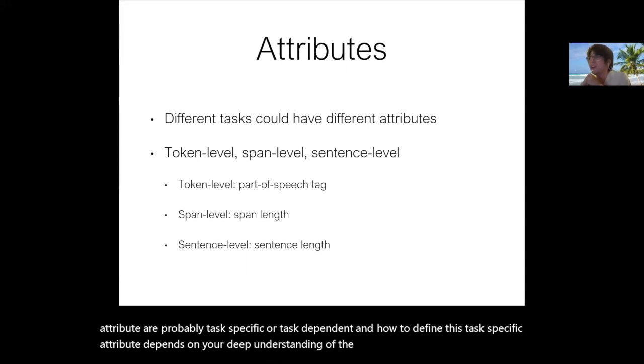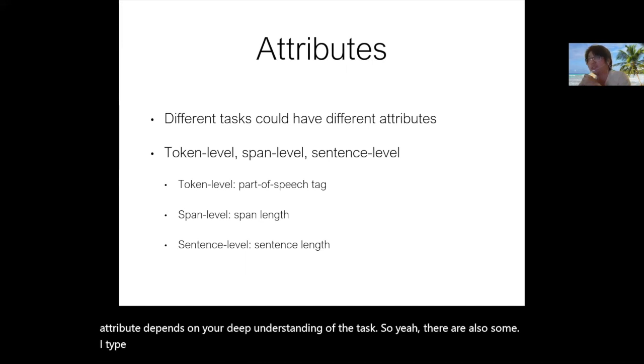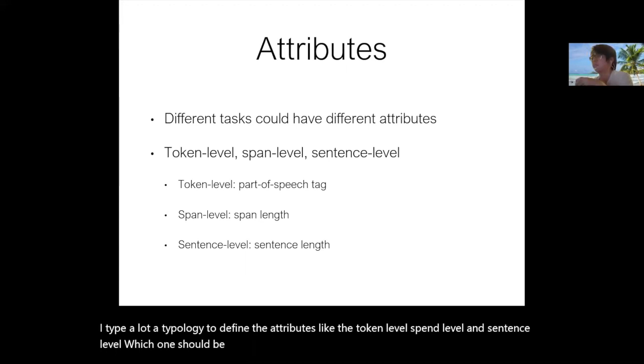There is also some typology to define the attributes, like token level, span level, and sentence level. Which one should be chosen also depends on the different forms of the task.